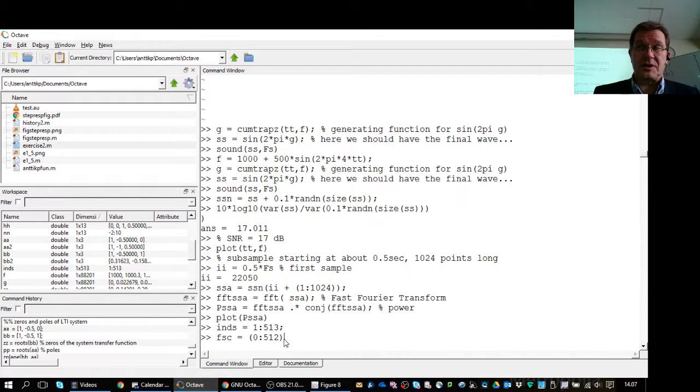I originally had 1024 points in my Fourier transformation, and this is then multiplied by the sampling rate. So this scales the first half of these values between 0 and sampling rate over 2.